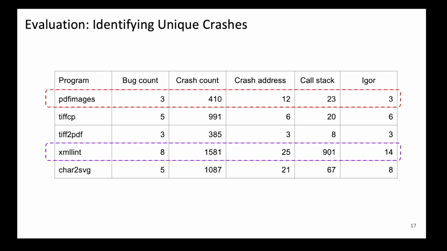If we classify according to their call stack, we will have 901 groups. If we group according to the crash addresses, we will get 25 groups, but Igor can group them into 14 groups. We also perform an extended study on type 1 and type 2 errors. Details can be found in our paper.